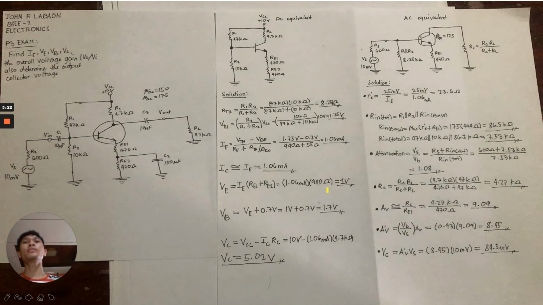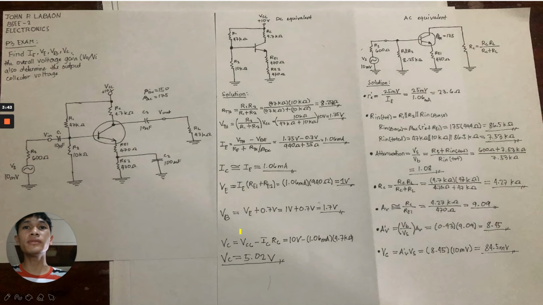So the value of our emitter voltage is 1 volt. For our base voltage, that is equal to VE plus 0.7 volts, which is 1 volt plus 0.7 volts. So we have a base voltage of 1.7 volts.